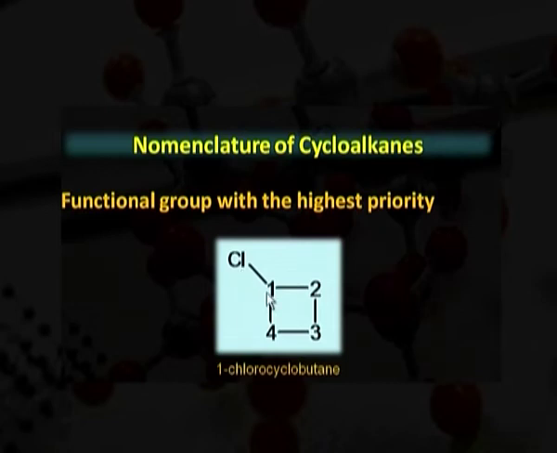So, the IUPAC name of this compound is chlorocyclobutane: cyclo due to the cyclic structure, butane because it has 4 carbon atoms. After the carbon number and the dash, the name of the substituent follows. Where there is only one substituent on the parent chain, indicating the number of the carbon atom with the substituent is not necessary.